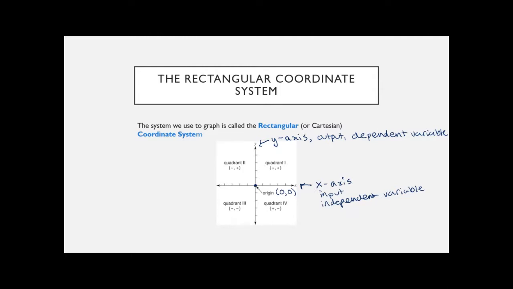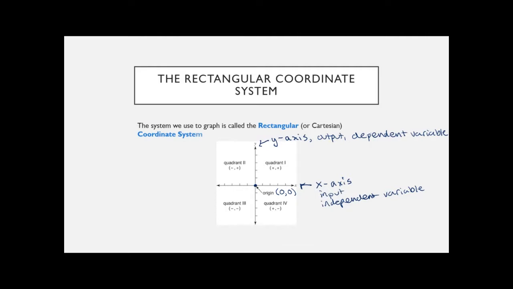So you can see that this is divided into 4 sections, which we call quadrants. Quad comes from 4. And we count counterclockwise when we name the quadrants. And a lot of things when you go on to pre-calc and you talk about trigonometry, that is also counterclockwise. So we start with quadrant 1, where both the x and the y is positive.